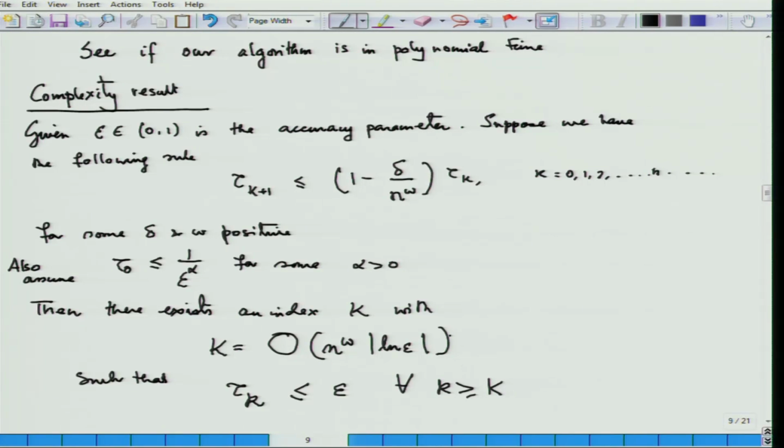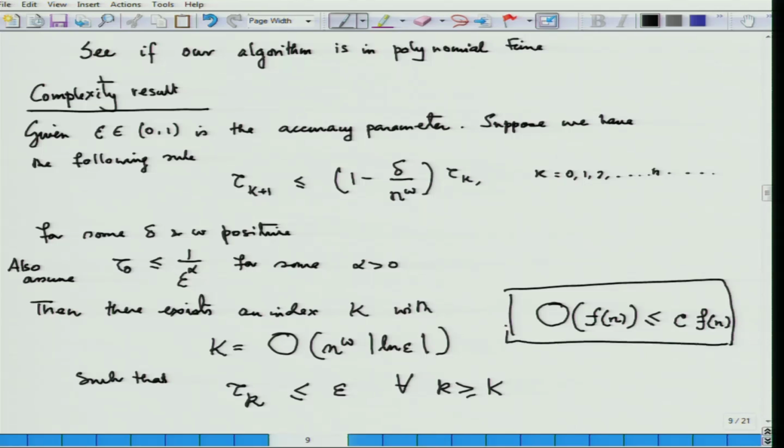Now, this capital O of a function say f n means this is nothing but a constant times f of n, it is less than a constant times f of n.